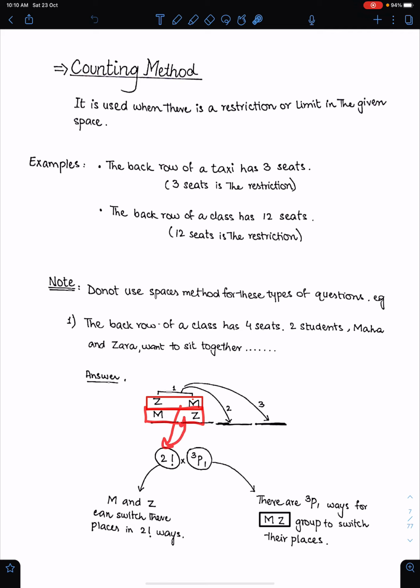And the group can switch their places in 3 ways: the first way, the second way and the third way. So we have 3P1 ways, and you can make the formula (n minus 1)P1. There were 4 seats, so (n minus 1)P1 is 3P1.